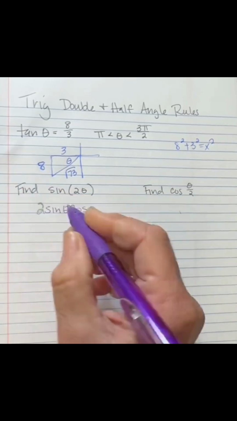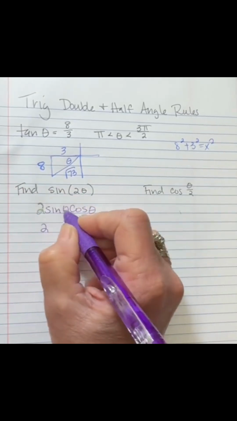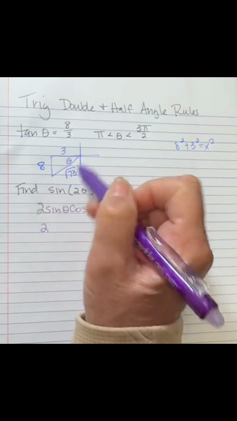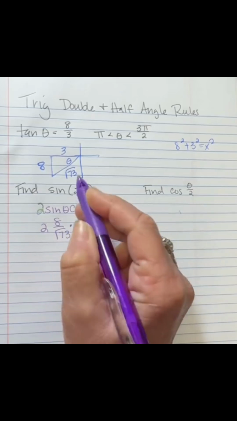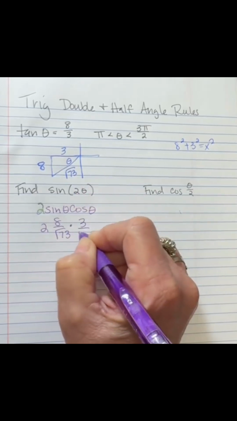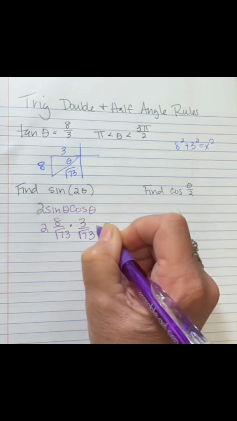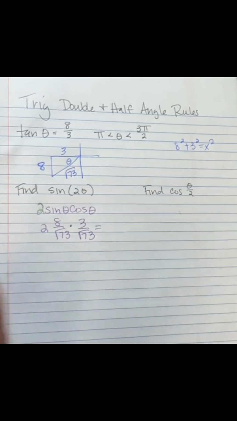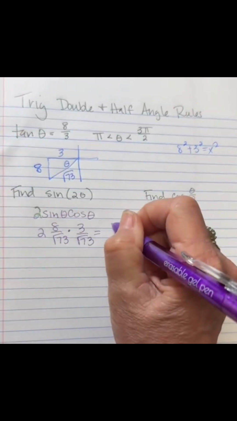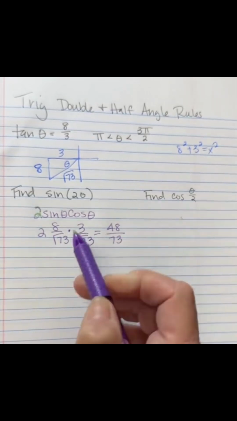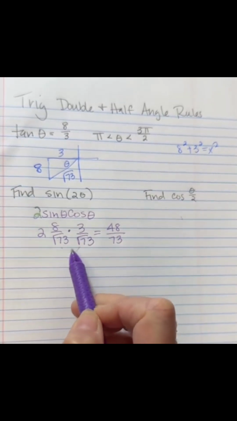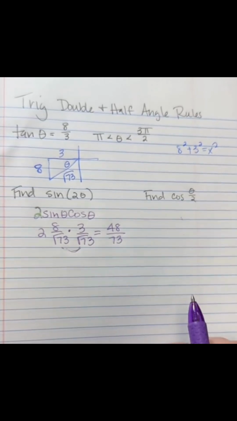So I'm going to do 2 times the sine of theta, and the sine of theta is opposite over hypotenuse, 8 over square root of 73, times the cosine of theta. And then we just multiply straight across. 16 times 3 is 48 over 73, because square root of 73 times square root of 73 just gives you 73.